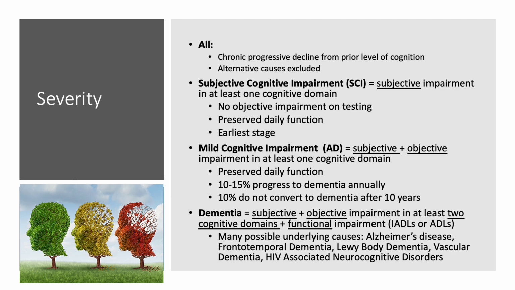But not everyone with mild cognitive impairment progresses to dementia after 10 years. And then dementia really is when you have subjective and objective impairment in at least two cognitive domains, and you also have functional impairment. So this is impairment in your instrumental activities of daily living or your activities of daily living.